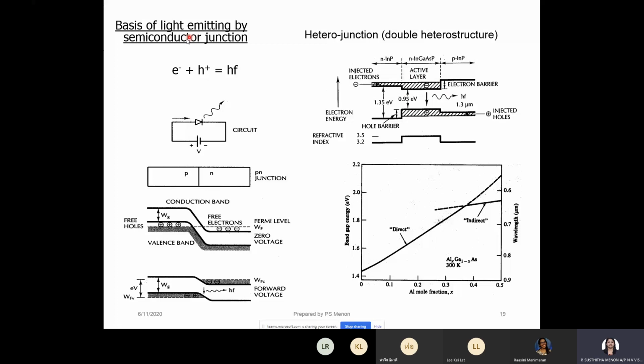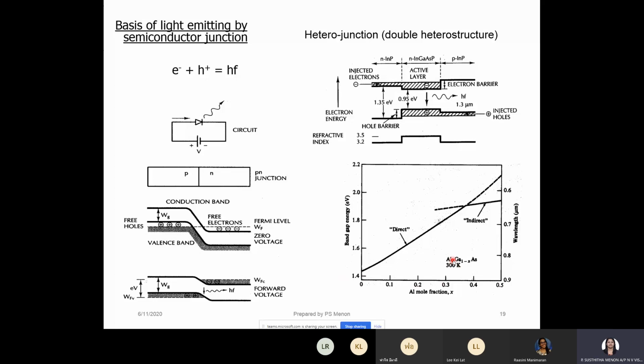Two effects, because you want electrons and holes to recombine to form light. So you need to make sure the energy here is low, so you use different materials to get low energy for recombination. Once they recombine, light is formed. How do you make sure that the light remains inside this active layer? You use the refractive index of the material. So this is also about bandgap engineering.